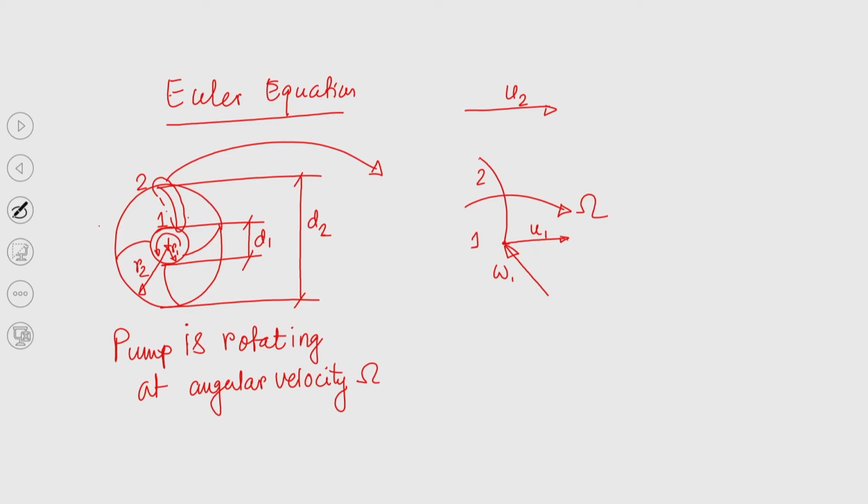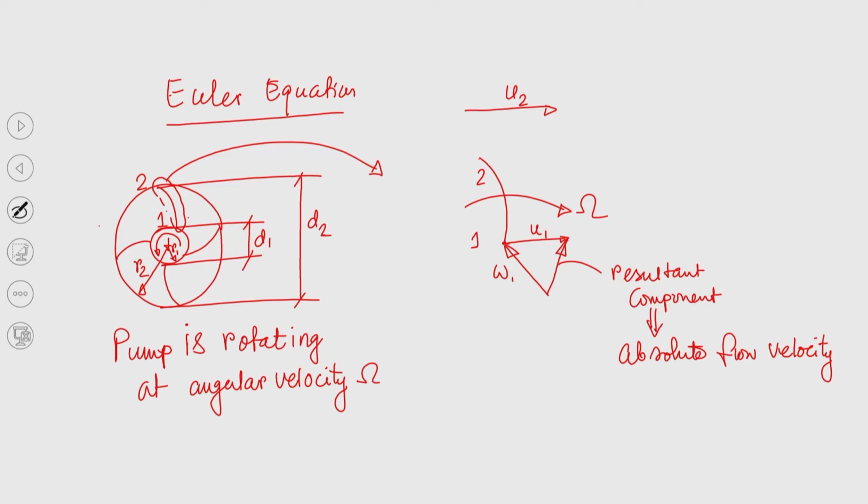So, this is the resultant velocity, and this resultant component is known as the absolute flow velocity.